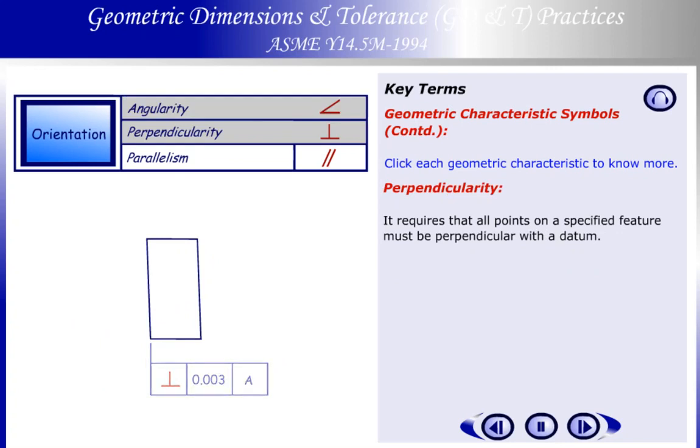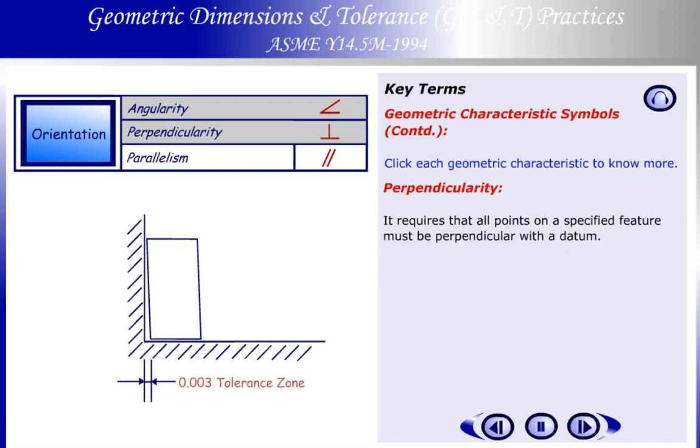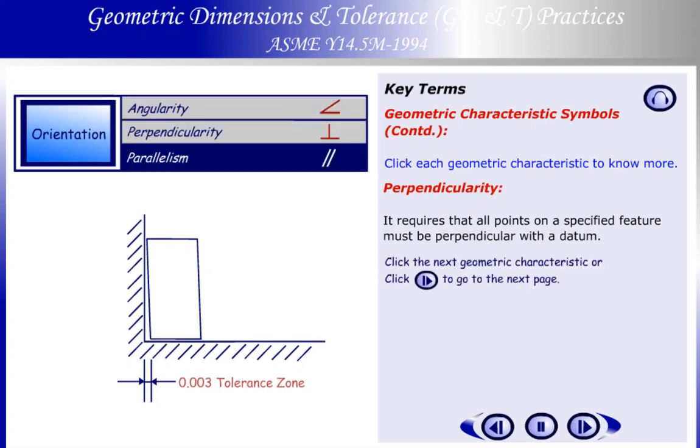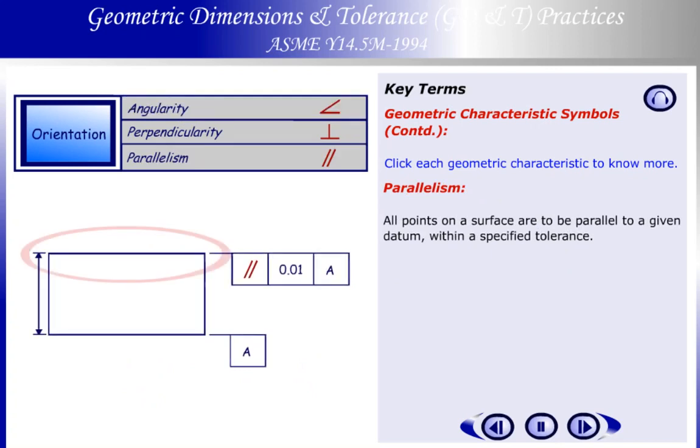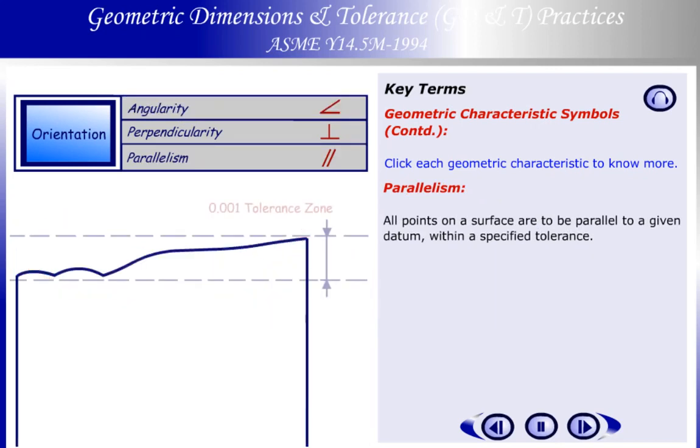It requires that all points on a specified feature must be perpendicular with a datum. Parallelism. All points on a surface are to be parallel to a given datum within a specified tolerance.